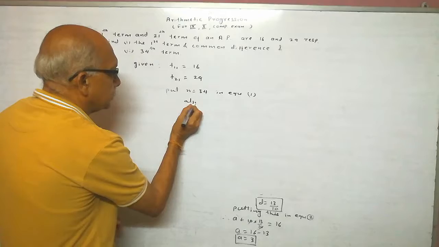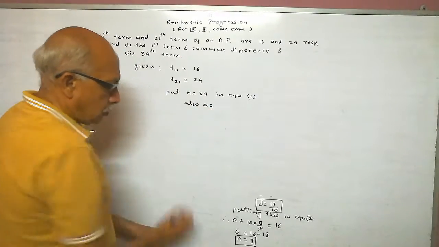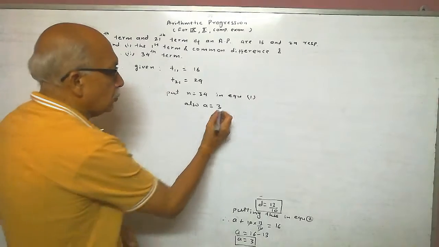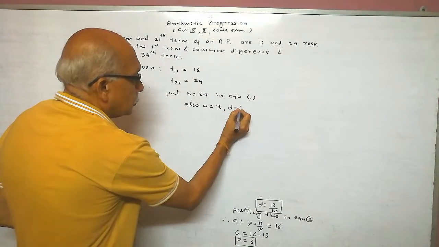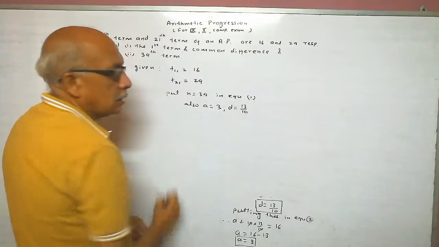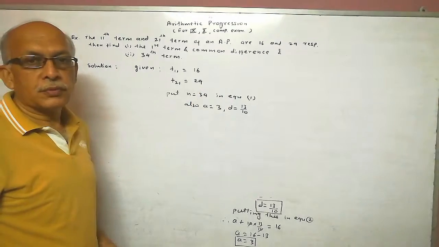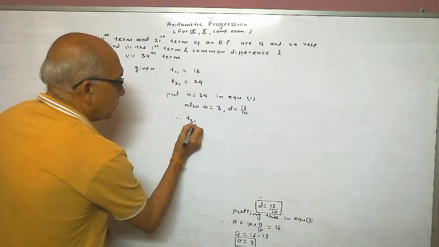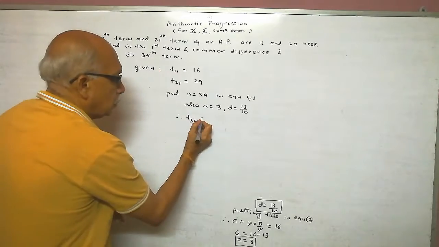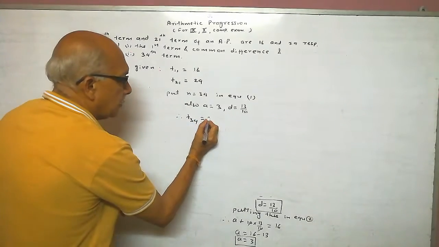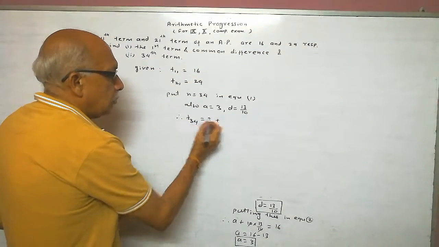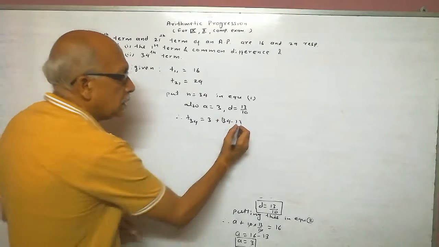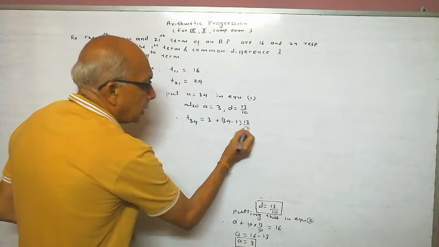Also a is equal to 3, which we have found, so that also we have to substitute. d also we have found, that is 13 upon 10. So these three things we substitute in 1. Therefore T34, which we have to find, is equal to 3 plus (34 minus 1) into 13 upon 10.